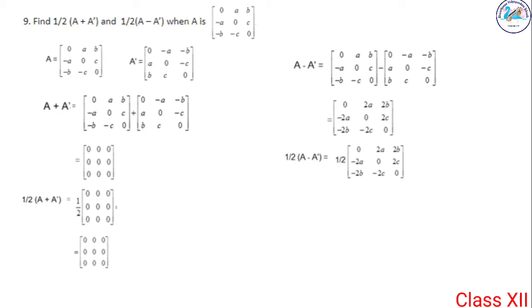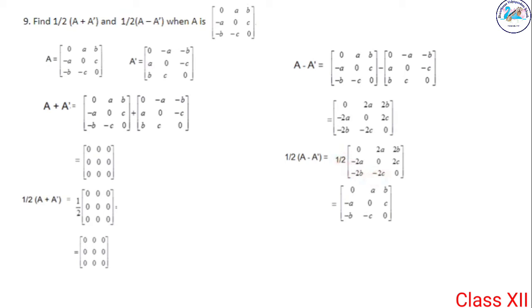When you multiply 1 by 2 with this matrix, what you have to do is just take it inside. 1 by 2 into 0, that is 0. 1 by 2 into 2a, that is 2 and 2 cancelled, you will get a. 1 by 2 into 2b, 2 cancelled, becomes b. Again 1 by 2 into minus 2a, 2 cancelled, you will get minus a. Again 1 by 2 into 0 becomes 0. 1 by 2 into 2c, 2 cancelled, you will get c. 1 by 2 into minus 2b, again 2 cancel, you will get minus b.